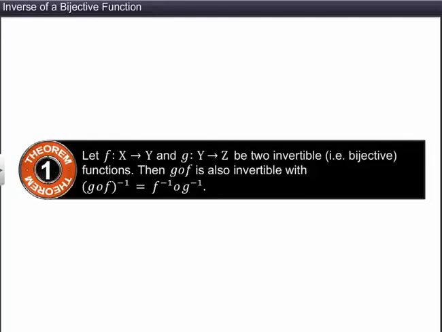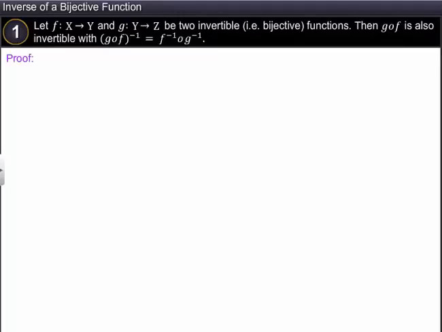Now, let's prove one theorem. Let f and g be two invertible functions from X to Y and Y to Z respectively. Then, the composition of f and g is also invertible. That is, the inverse of the composition of f and g is equal to the composition of the inverse of f and the inverse of g. Let's begin with the proof. We are given that f and g are invertible functions.